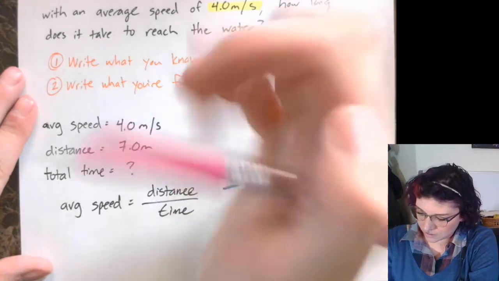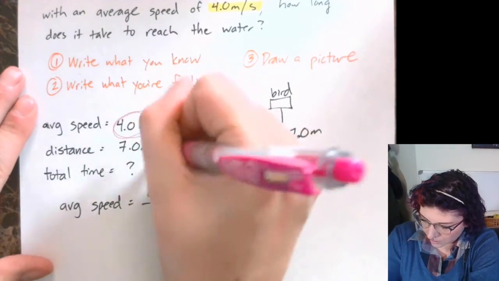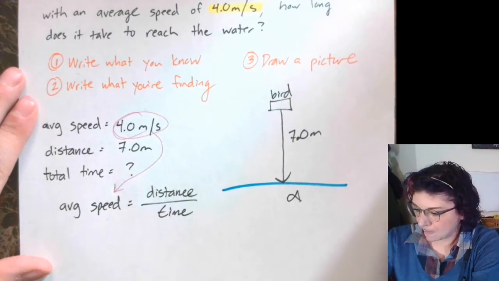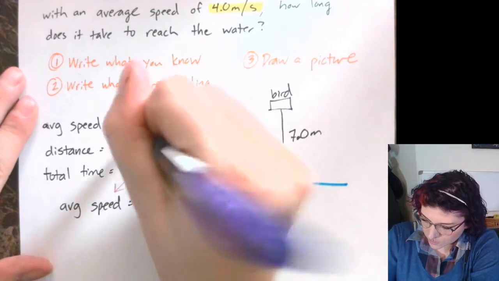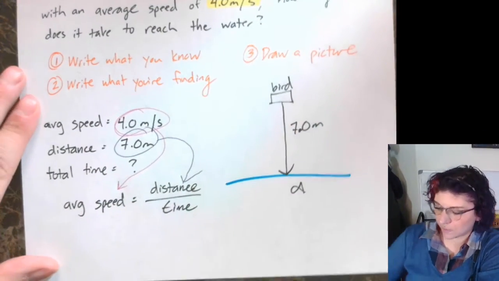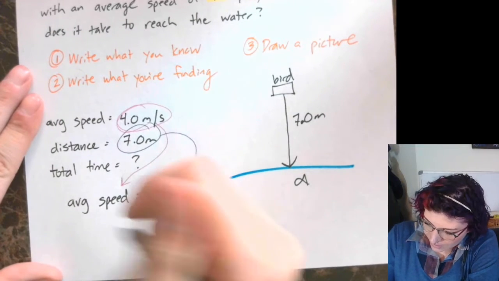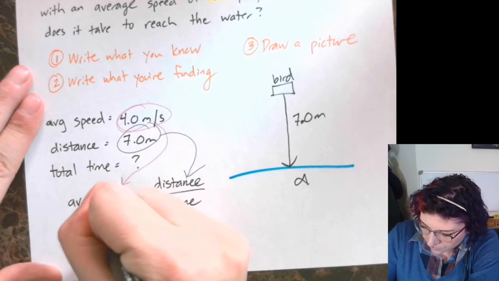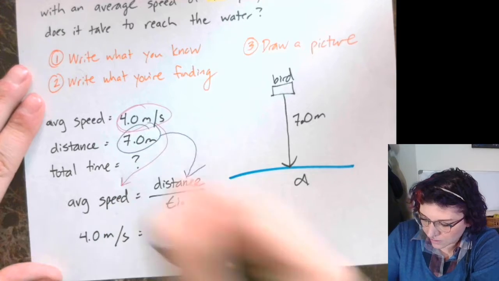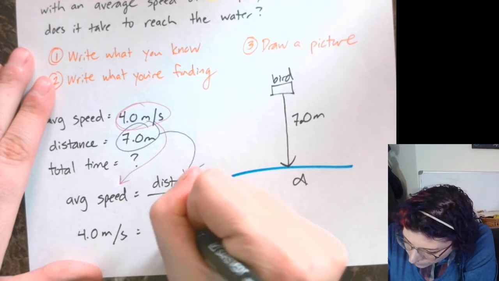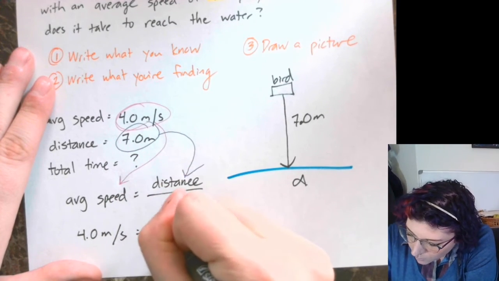I know that the average speed, I can swap in here. And then the distance, I can swap in here. So average speed, 4.0 meters per second equals 7.0 meters over time.